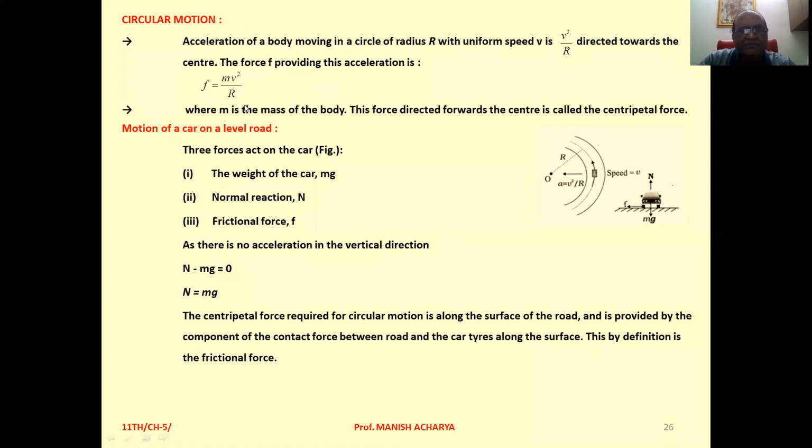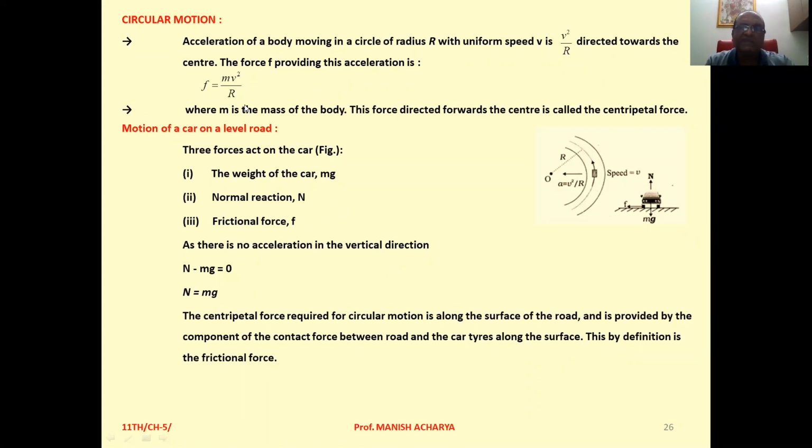by r, where m is the mass of the body. The direction of this force will be in the direction of acceleration. So when the acceleration is a centripetal acceleration, this force is a centripetal force.